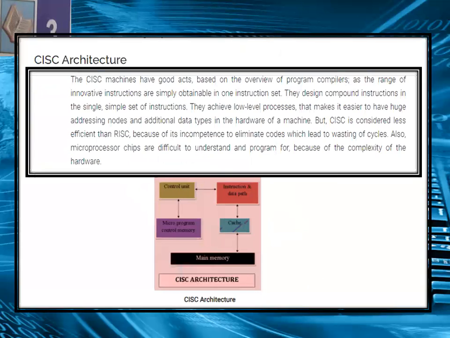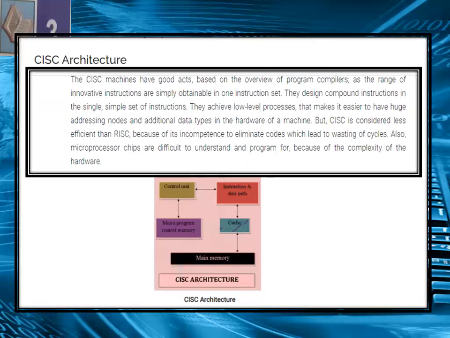The CISC machines have good performance based on the overview of program compilers, as the range of innovative instructions is simply obtainable in one instruction set. They design compound instructions in a single set of instructions. They achieve low-level processes. That makes it easier to have huge addressing modes and additional data types in the hardware of a machine.